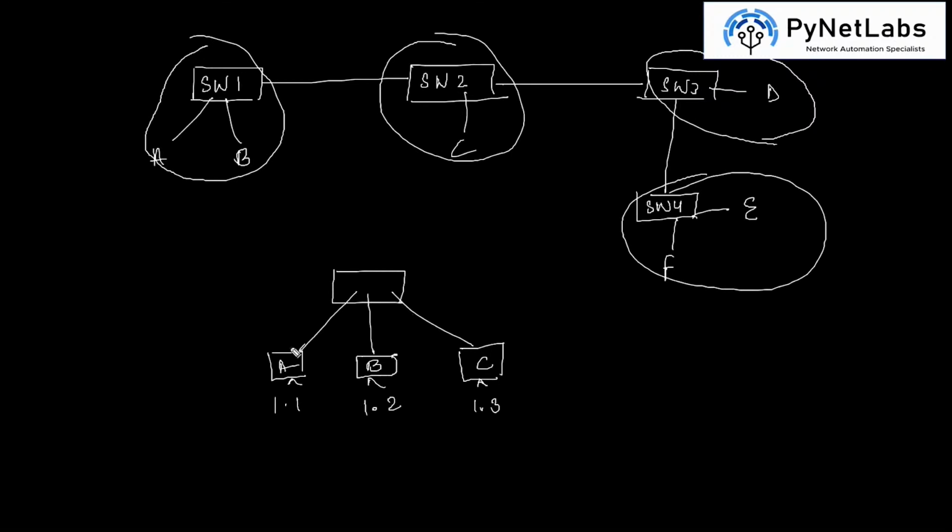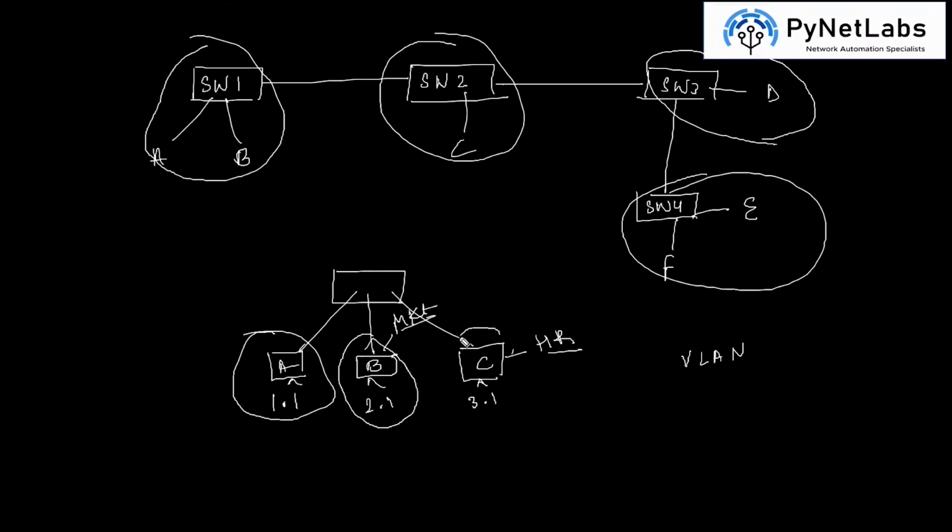But let's assume that A is from the sales team, B is from marketing, and similarly C is from HR. Question to you guys: what if we configure these PCs with different networks? So let's give A the IP 1.1, B 2.1, and C 3.1.